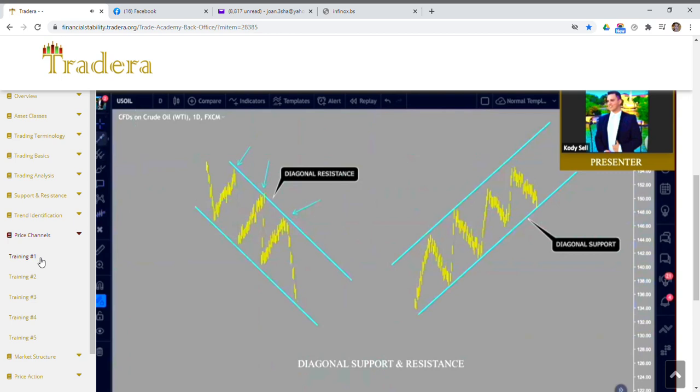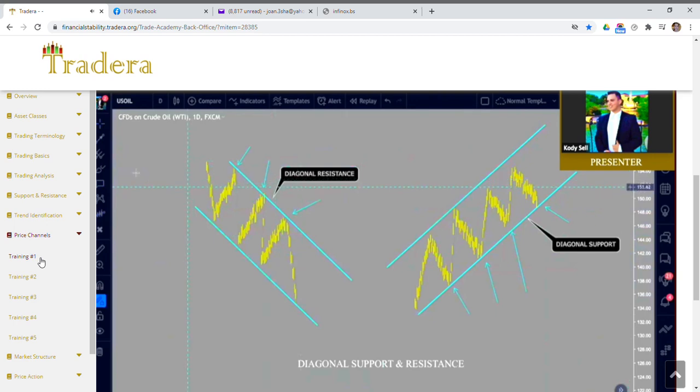And that still holds true for channels. So in this case, this boundary in price right here is more important than its counterpart making up the channel, because it tells us when price is going to reverse.